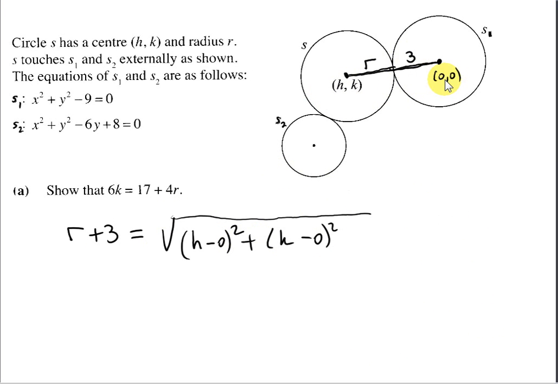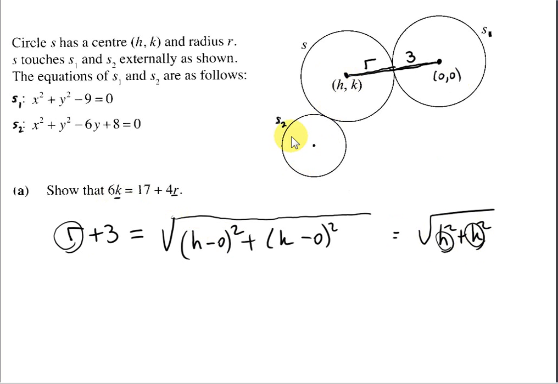So we take h minus 0 and square it, then we take k minus 0 and square it, and this simplifies to the square root of h squared plus k squared. So you can see here we have an equation connecting r, h and k, but we want to prove something that just connects k and r, so we have to use the other information that's given.